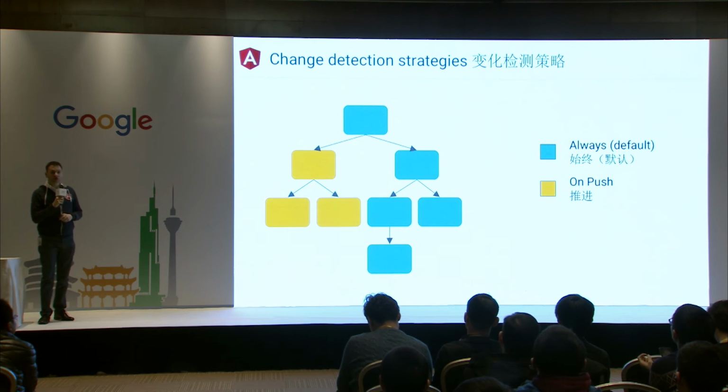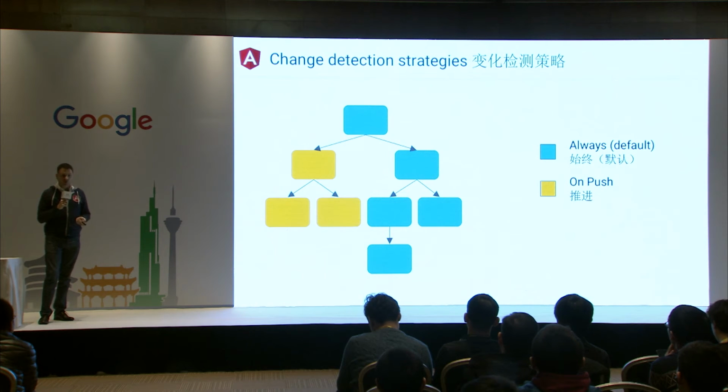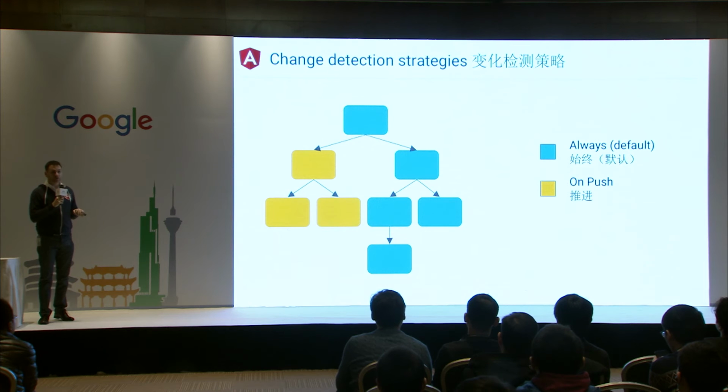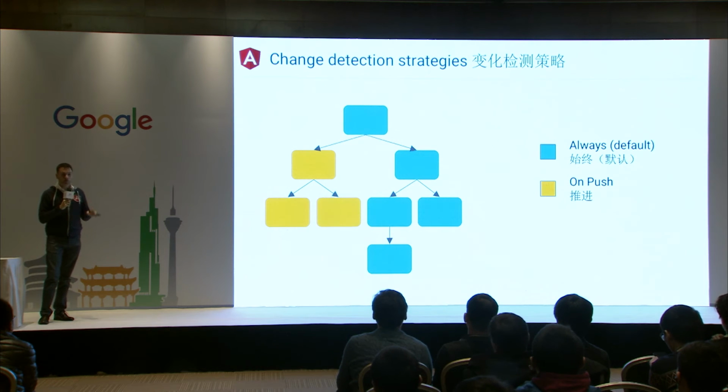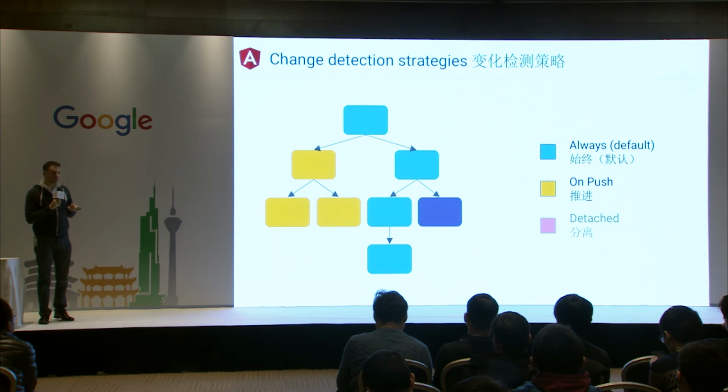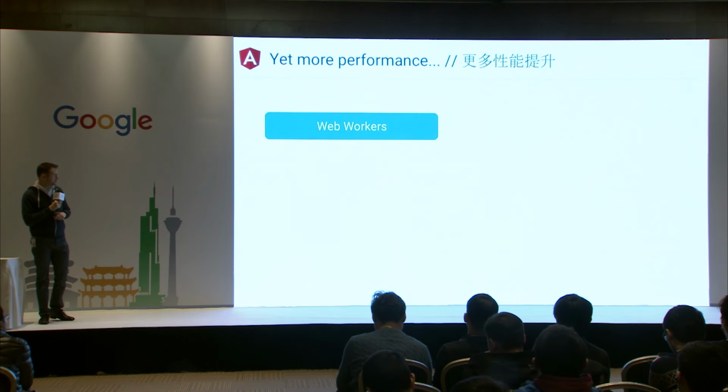We also allow you to take control of change detection by leaving it always on, which is the default. Or you can specify that you only want to run the change detection cycle on push when the user is ready to do so. Or you can even detach entire components or component trees from that change detection process.